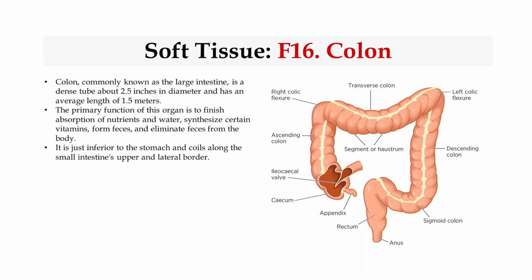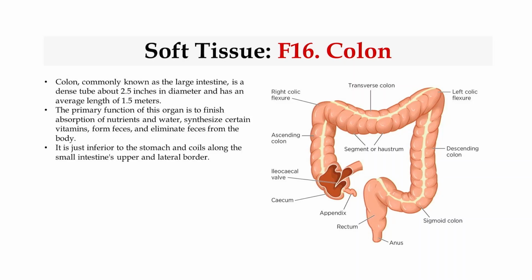Let's go further. The next tissue, which is also a very important component of the digestive system, is known as the colon, right? The colon, commonly known as the large intestine, is a dense tube about 2.5 inches in diameter and has an average length of 1.5 meters.